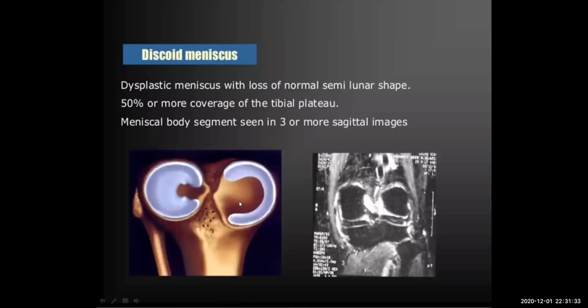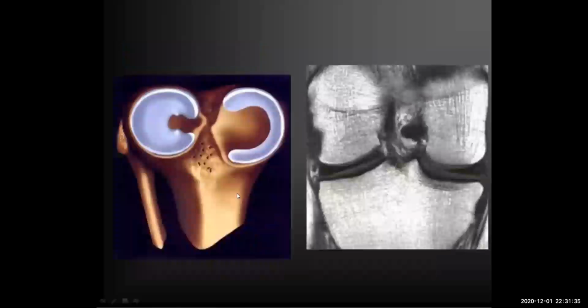Then when you go for the MRI, this shape should never be looked at as normal if it exceeds more than 3 cuts. Because, as we said, at the periphery there is one disc, but when you go to the center it usually gives you the full nice bow-tie triangles of the anterior and posterior horns. But if this cut is persistently uniform across the whole fibrocartilage, then this gives you a clue to a discoid meniscus.